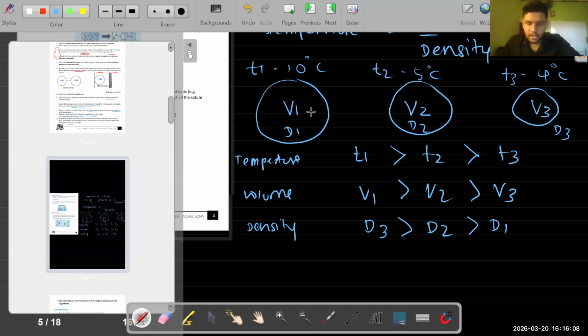Water in liquid form. Now, highest density is seen for which temperature? In these three temperatures, for which temperature is highest density noticed? 10 degrees, 5 degrees, or 4 degrees?